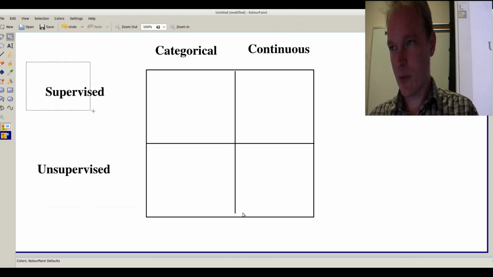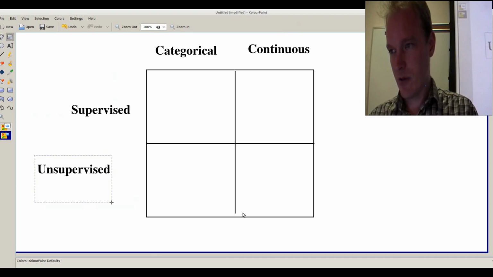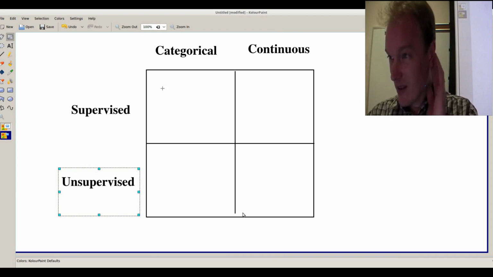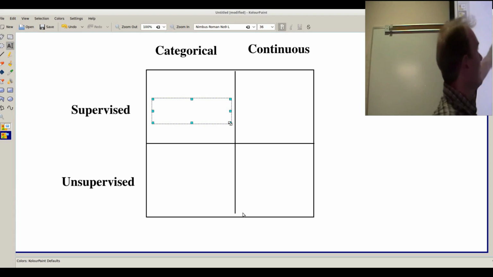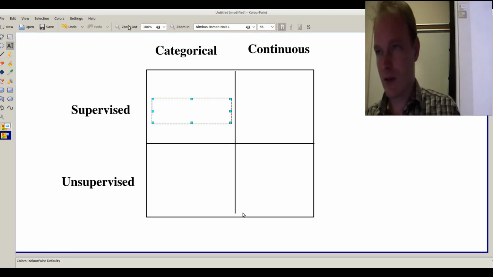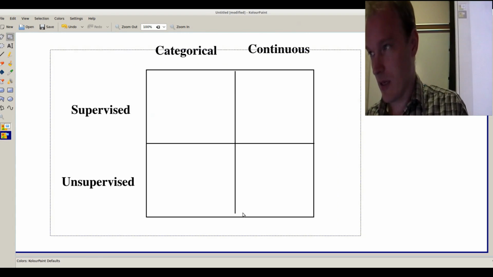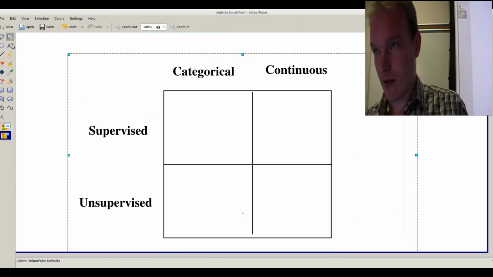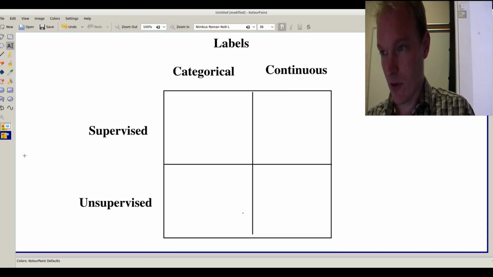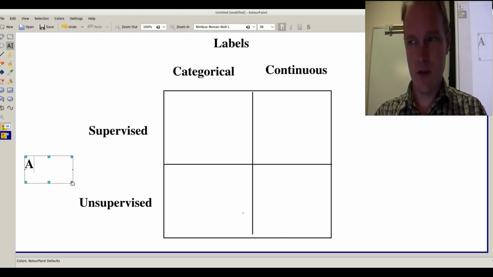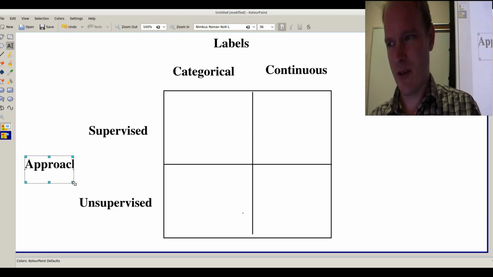And if we divide up some of the techniques we've learned into these categories, I guess I should indicate that this refers to the labels, and this refers to the approach or method.